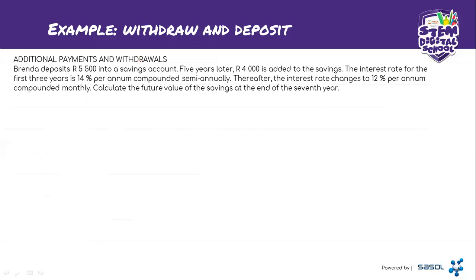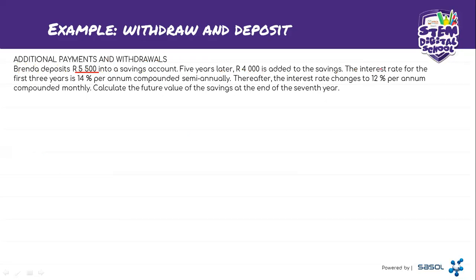Additional payments and withdrawals. Now, it says Brenda deposits 5,500 into a saving account. 5 years later, 4,000 is added to the saving account, meaning this person, Brenda, deposits another 4,000 after 4 years, right?